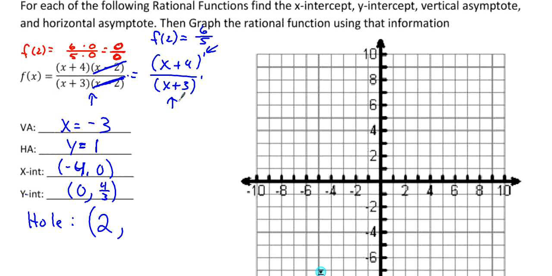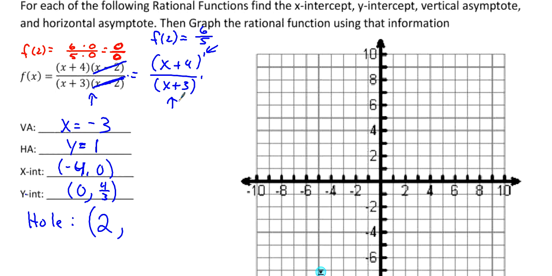Matter of fact, if you plugged both of these into your calculator, you'd freak out because it would literally graph the exact same thing. The second one would graph right on top of the first one. You wouldn't even see it because they are identical except for this hole.